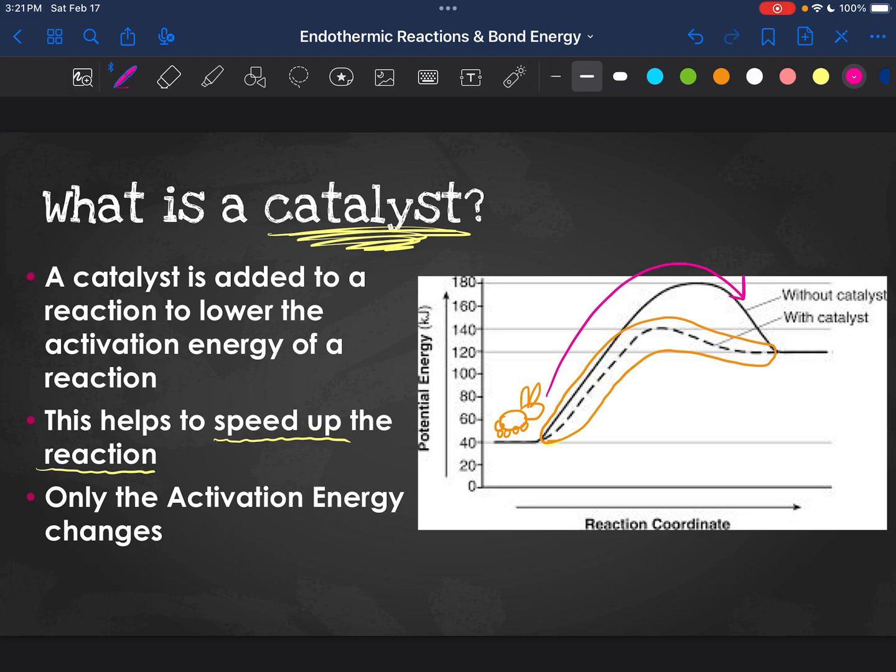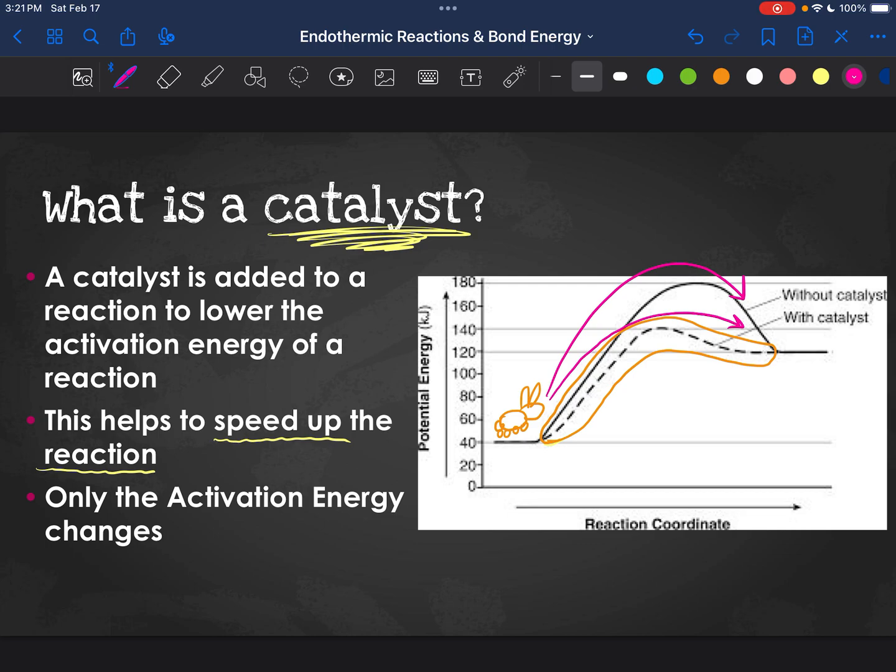As you can see, originally it was too high, but with the catalyst, the bunny has to jump only a little bit compared to the previous one. So a catalyst will help us jump over faster than the previous time.